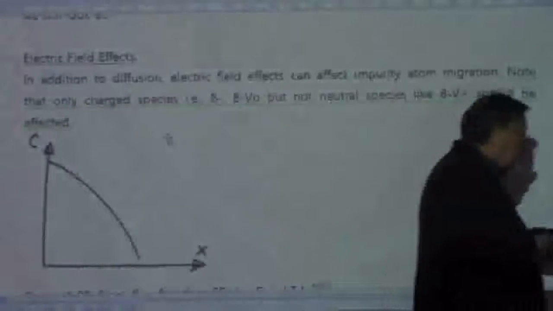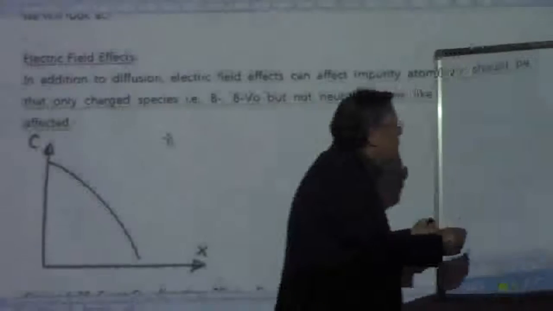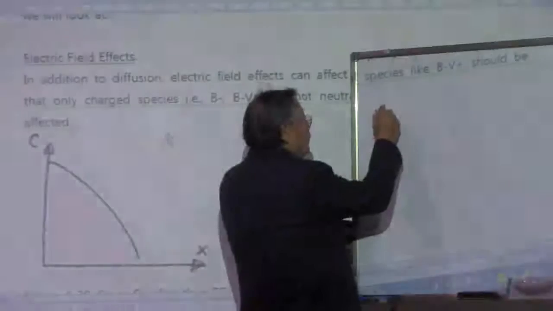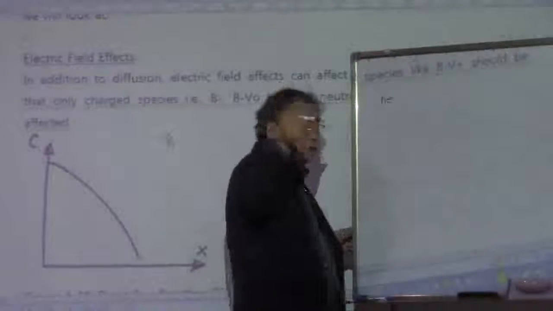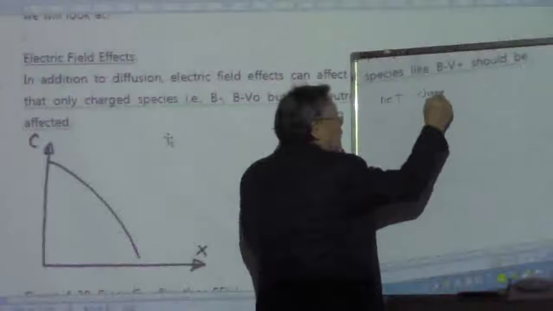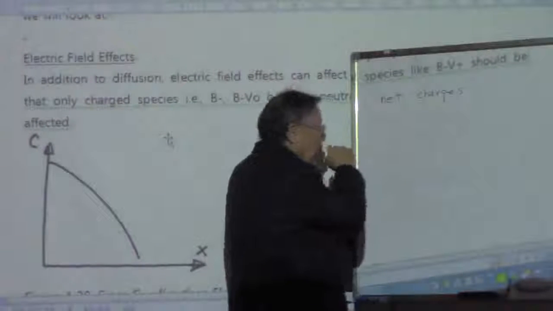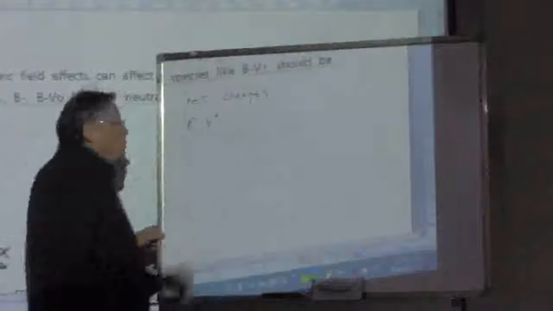Net charges. When the B minus is coupled with the positively charged neutral vacancies, it has a negative charge.